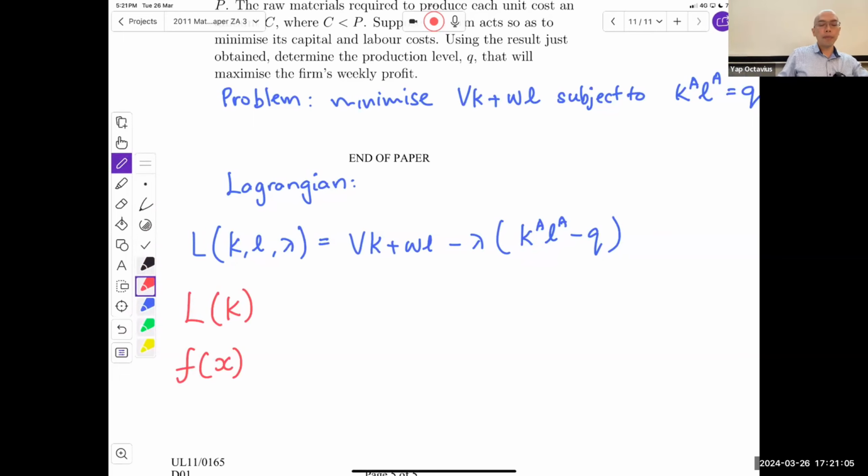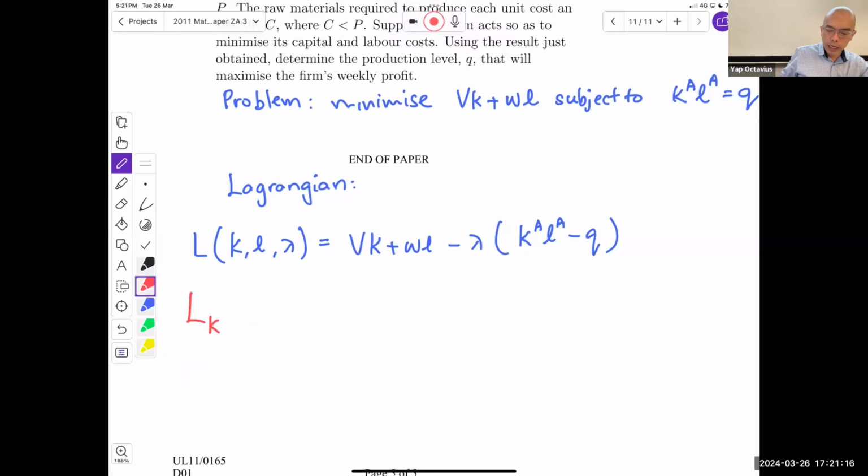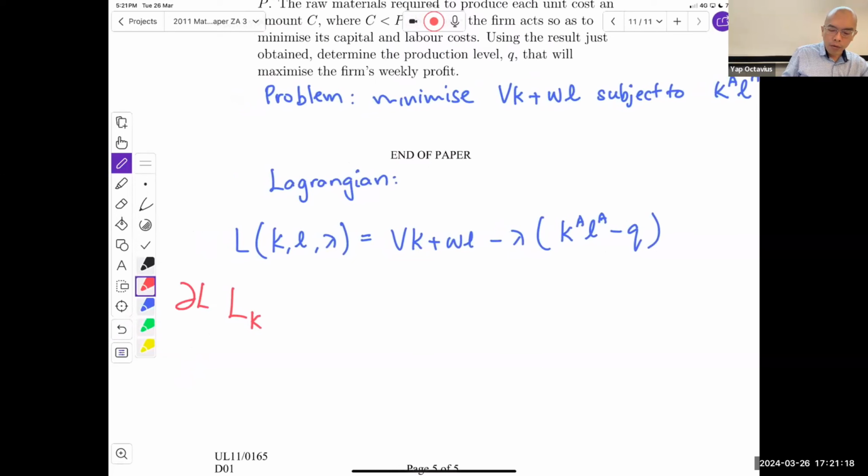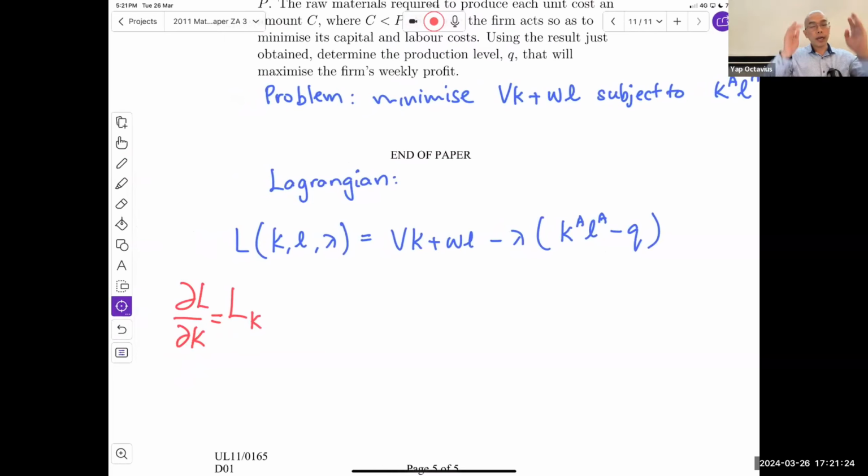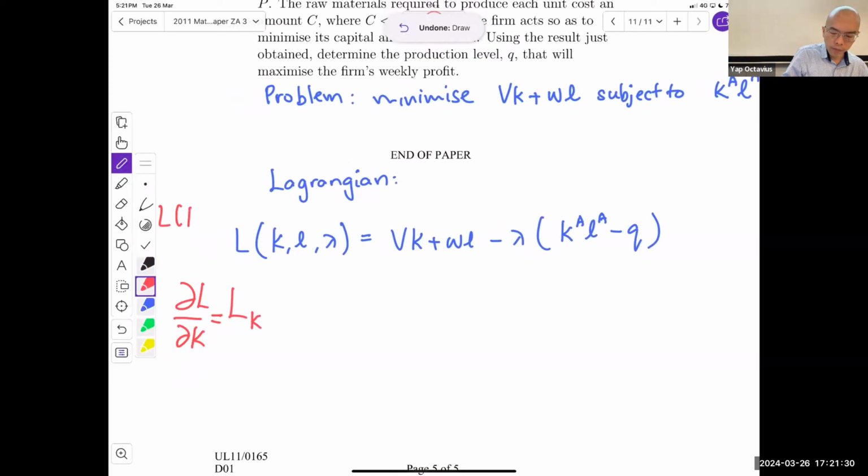If you look at the examiner's report, they don't write this, so don't write something that confuses the examiner. If you want to write that way, write it this way, or the other accepted way is partial L over partial K. Both of these are accepted, just not this one, because it is a different way of writing.